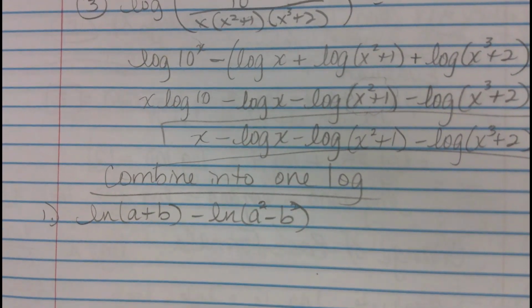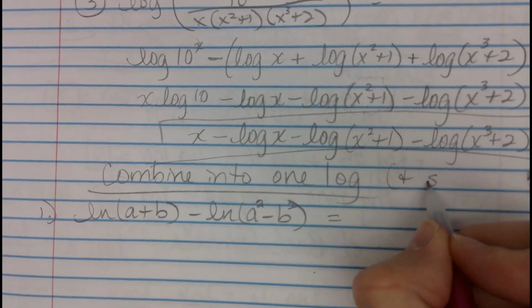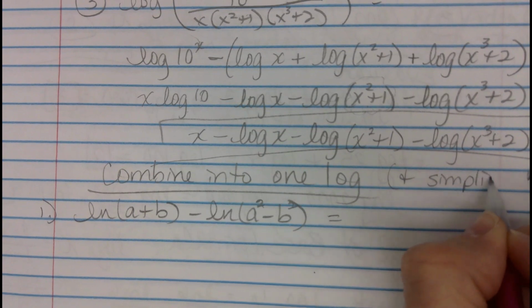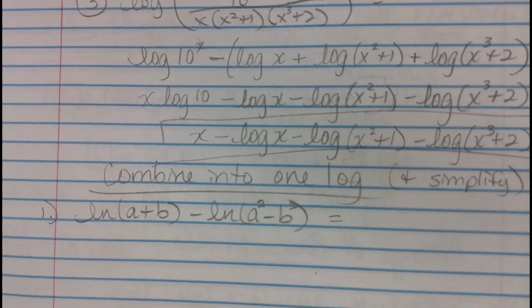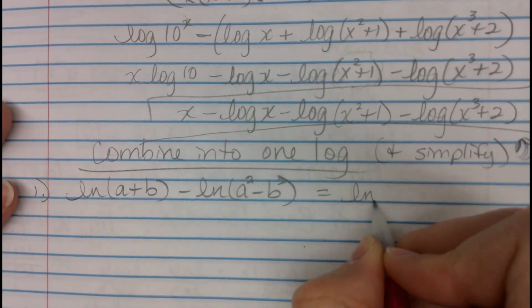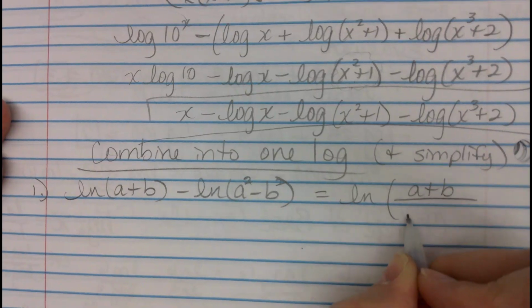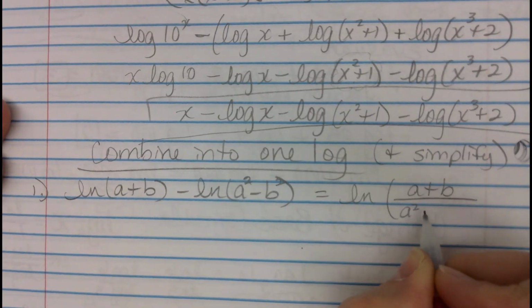A squared minus b squared. All right, so what is this combined? And simplify again if possible. A plus B over A squared minus, the subtraction turns it into division, right? A plus B over A squared minus B squared.